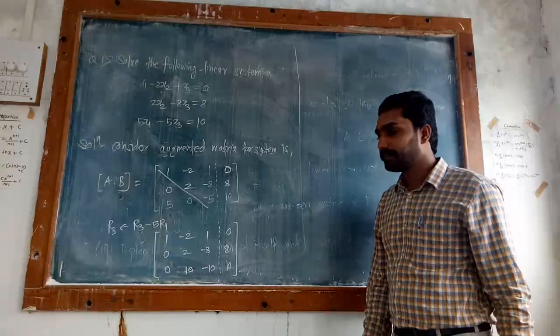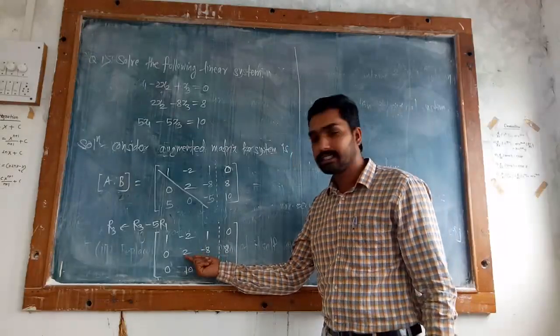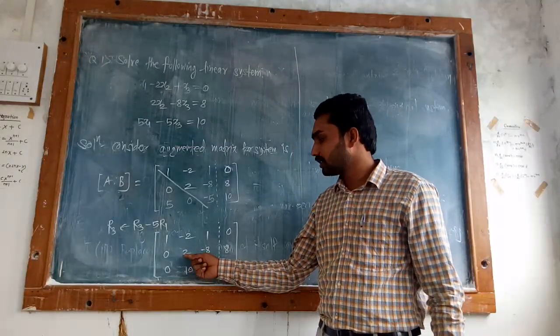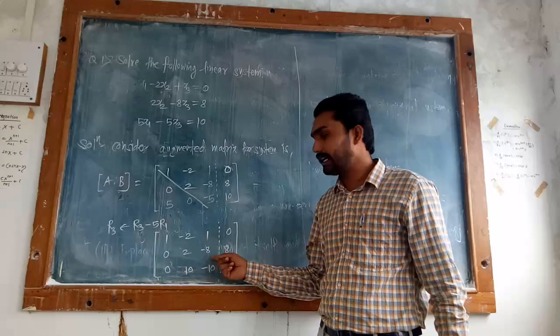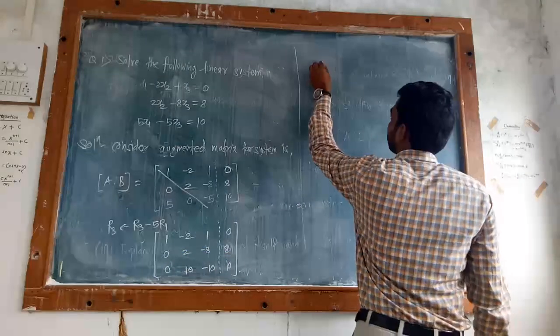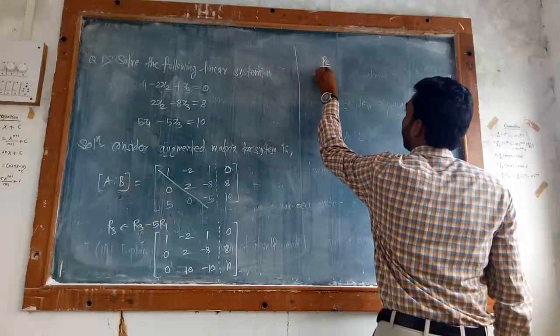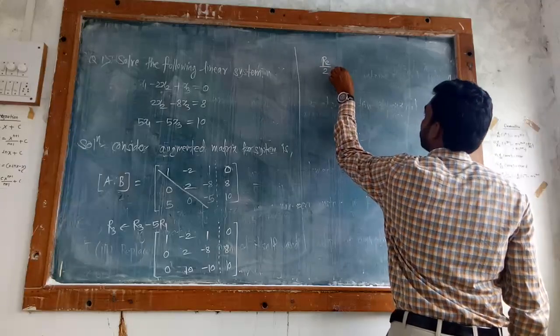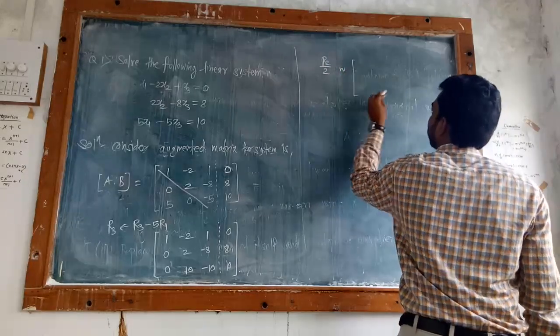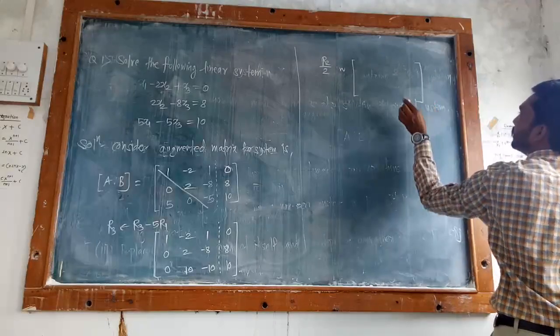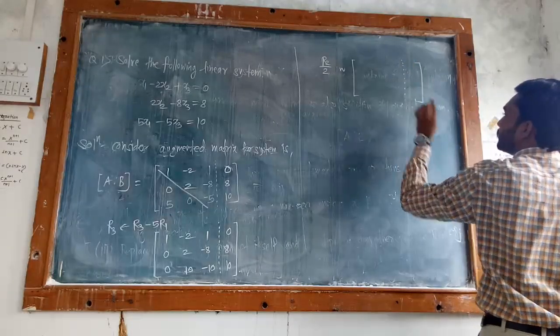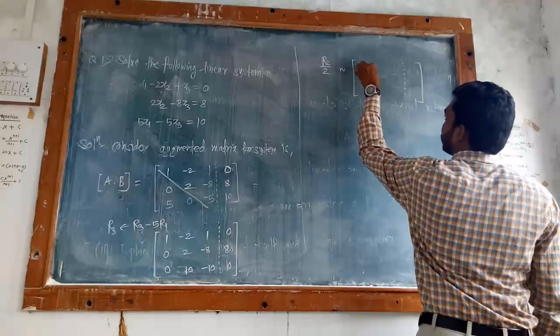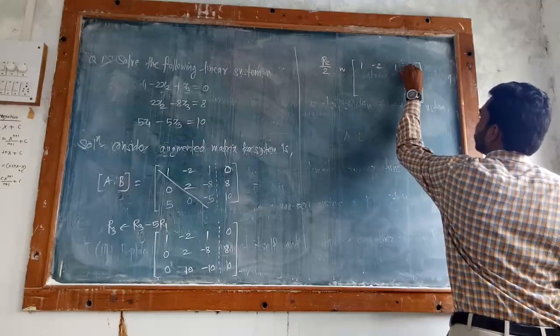Okay. So next step, we have to make that diagonal element 1. How to make this 1? Divide R2 by 2. So the next operation is R2 divided by 2. Therefore, your equivalent matrix becomes: the first row as it is, that is 1, minus 2, 1, 0.